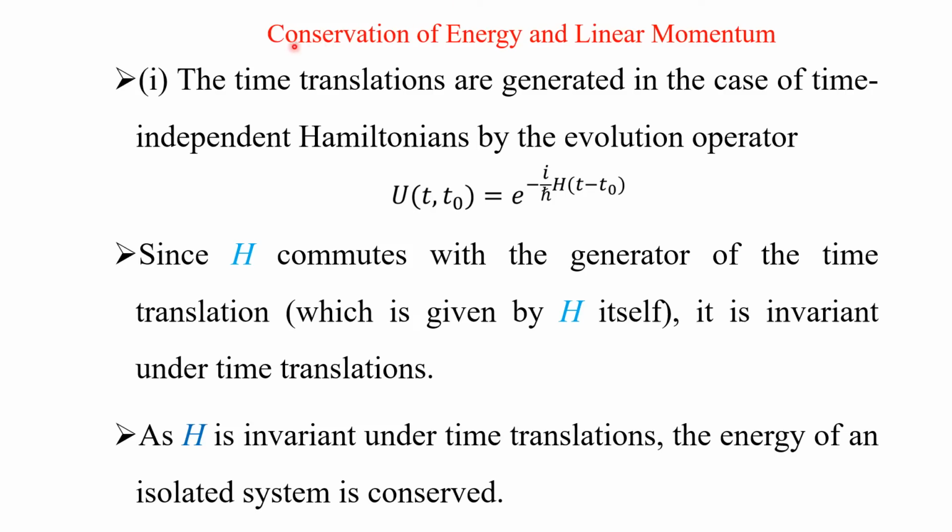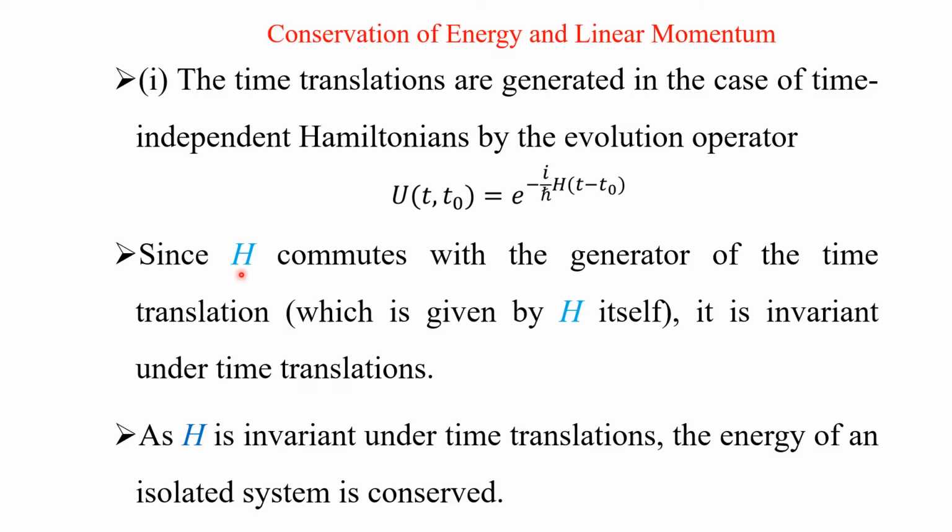Now we will see the conservation of energy and linear momentum. First, we will see that time translations are generated, in the case of a time independent Hamiltonian, by the evolution operator. You know the time evolution operator U, which is a function of t, t naught, is equal to e power minus i over h cross into H into t minus t naught.